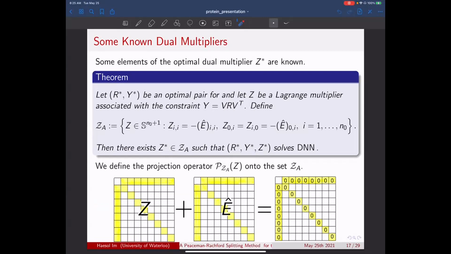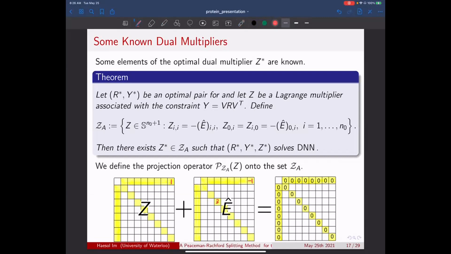So let's look at this picture. This set is a dual multiplier, and E hat is the data for the objective function. What we are only going to see is this yellow shaded region. When I sum this yellow shaded region of these two matrices, if Z is dual optimal, it always makes those entries 0. This just means when this entry was -1, the dual multiplier in that position has to be 1.